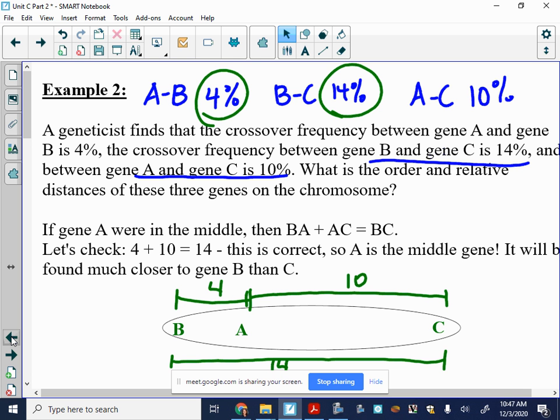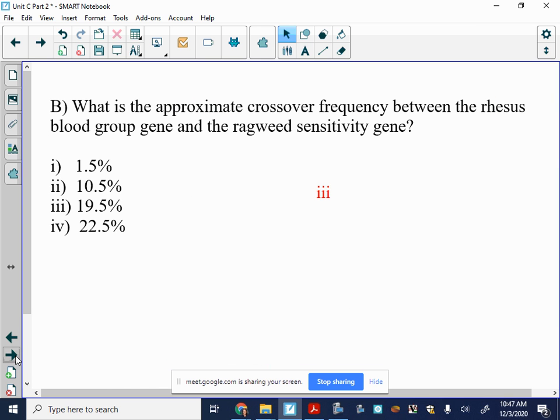How are we doing with chromosome mapping? Okay, let's do this one together. So B. I don't think I have this one.